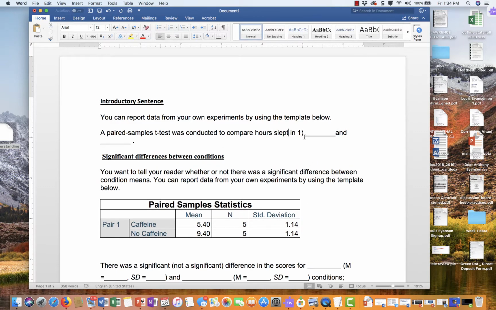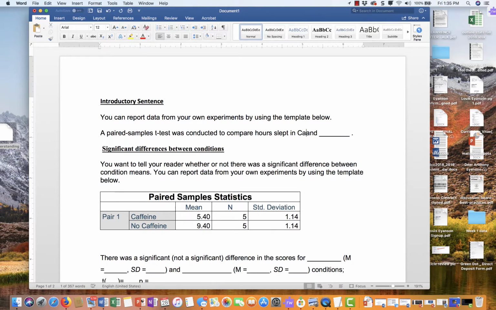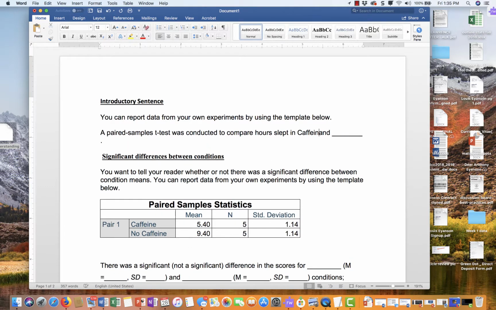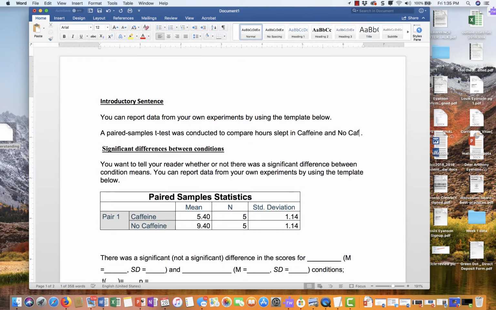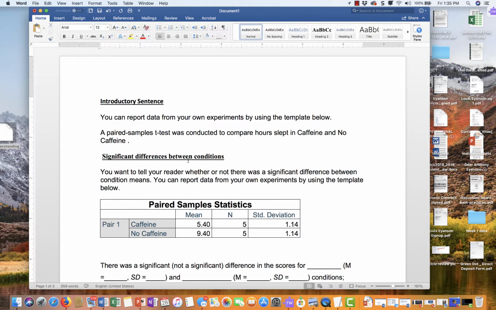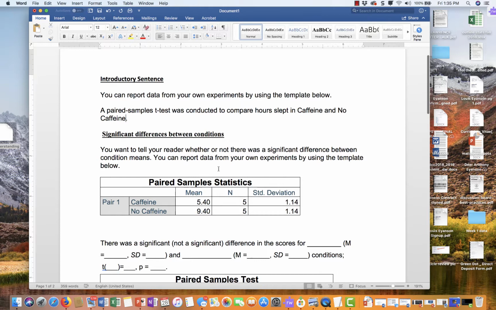Then we're going to take out the 1 because that's our first variable, which you can see right there in the box: caffeine, and no caffeine. There's our first sentence.